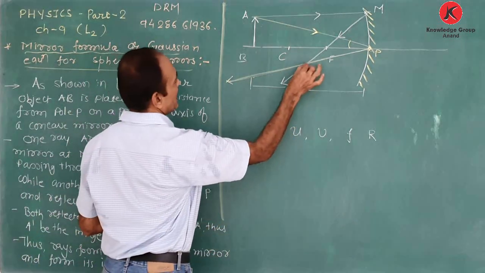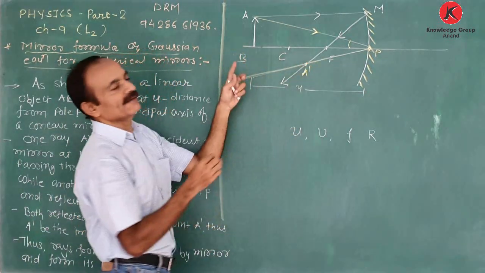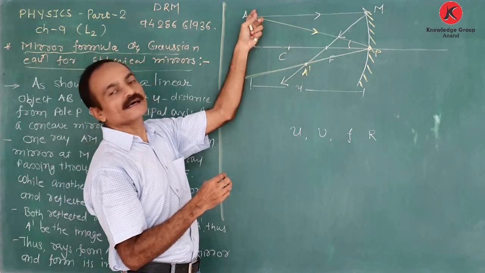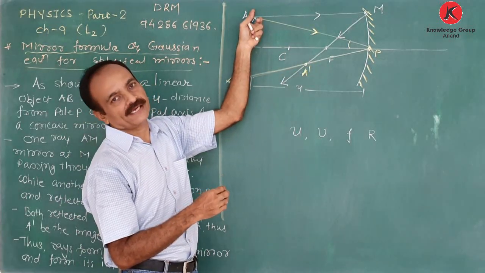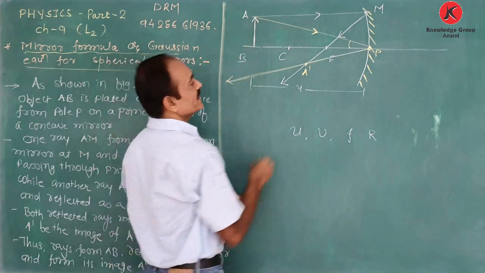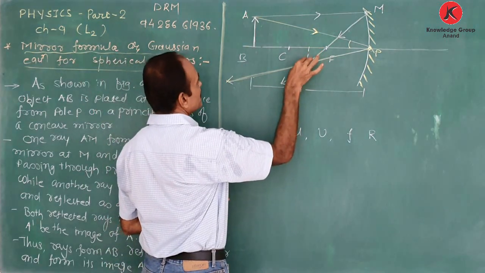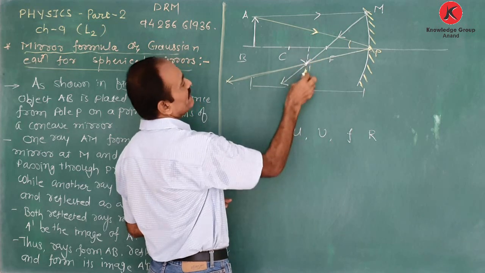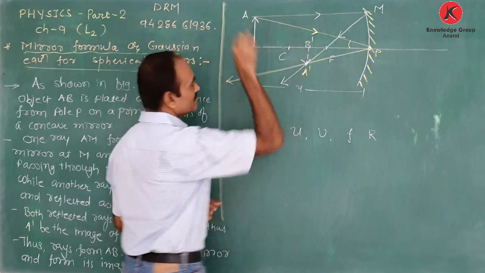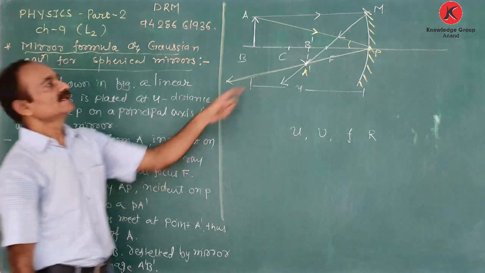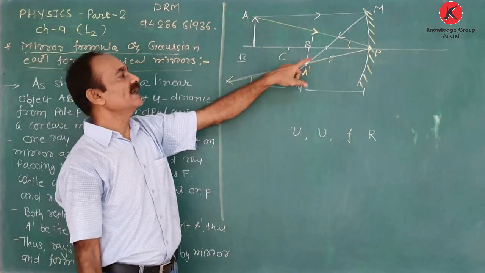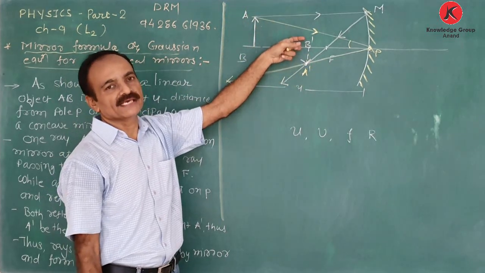Here at point A dash, both rays meet after reflection. Therefore, A dash is the image of point A. Now, as we draw a perpendicular on the principal axis, that becomes the image of AB as A dash B dash. So thus we obtain the image of object AB as A dash B dash.